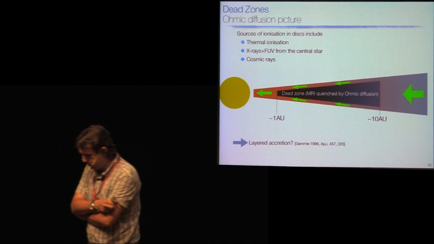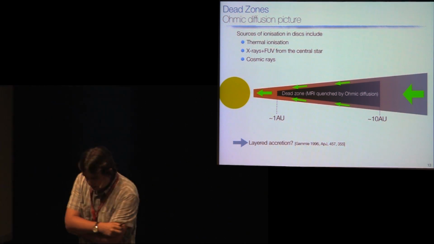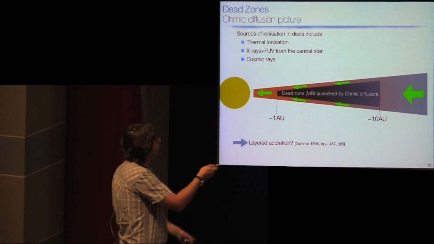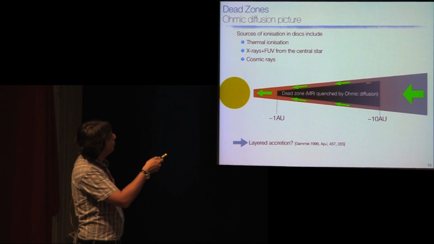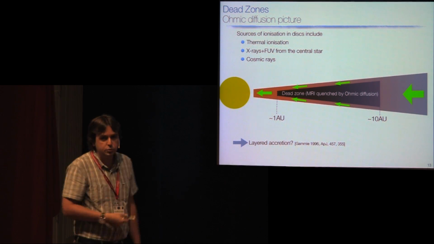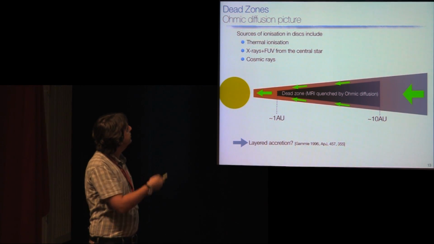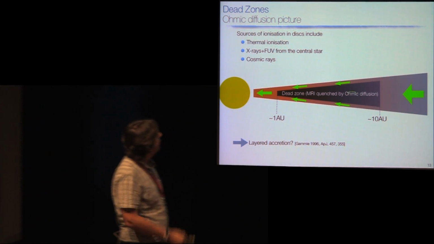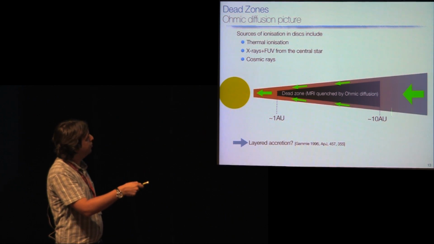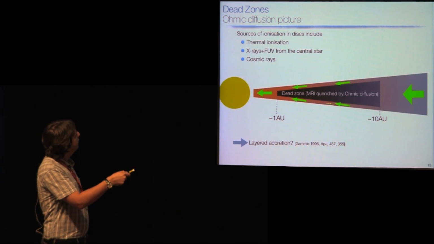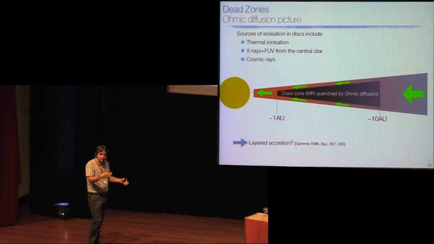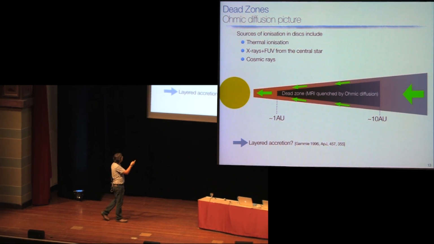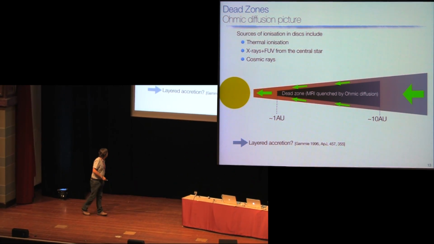It was presented first by Charles Gammie in 1996. And the idea is the following. You say that you have the MRI active in the upper layers, which are ionized by X-rays and cosmic rays. In this you have accretion in the bulk of the disk, in the outer layers, and then you have accretion at the surface of the disk, and nothing really happens in the mid-plane.